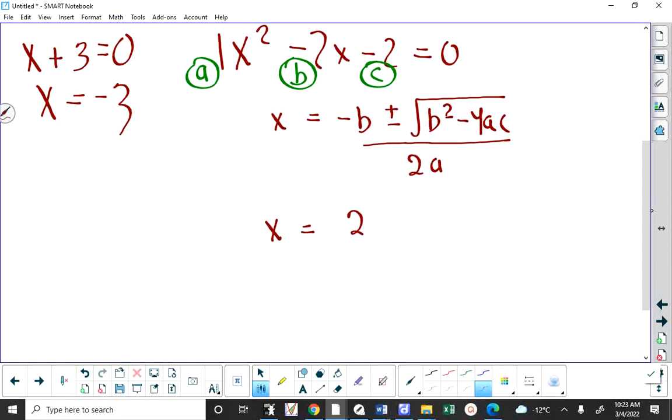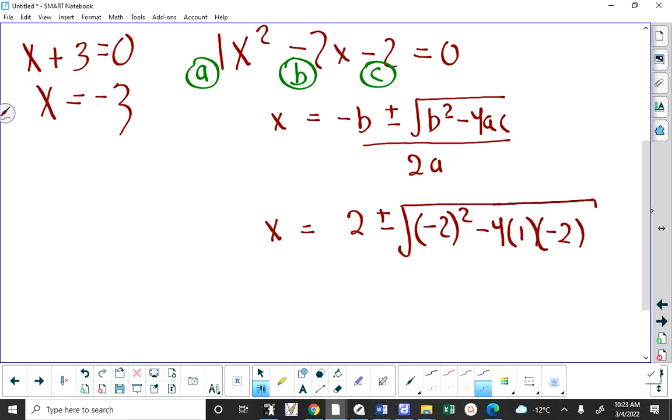Well, if b is negative 2, then negative b is positive 2, plus or minus the square root of b, which is negative 2 squared, minus 4 times a, which is 1, times c, which is negative 2. And this is over 2 times a, which is 1.